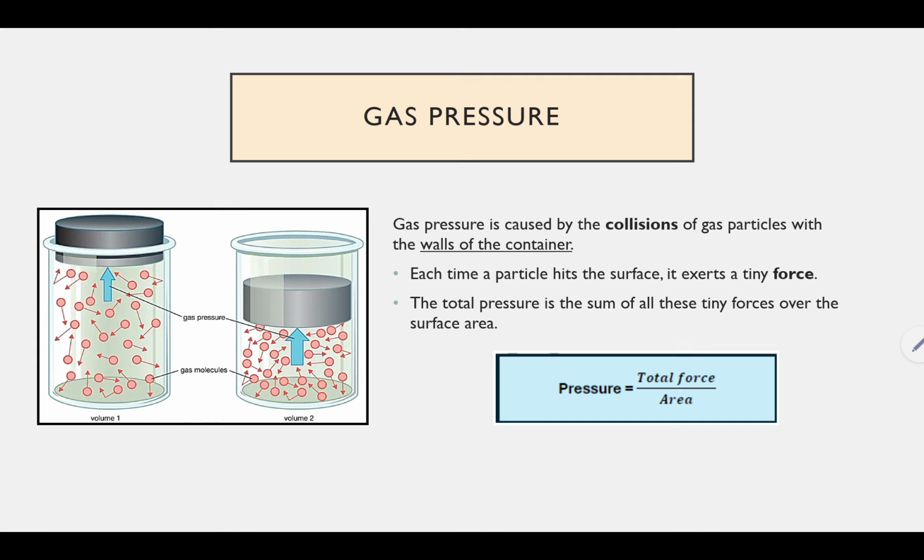So each time a particle hits a surface, it exerts a tiny force, which adds up to the total force. So pressure is total force over area. So if I increase the force, I increase the pressure. If I increase the area, I decrease the pressure because they're inversely proportional.